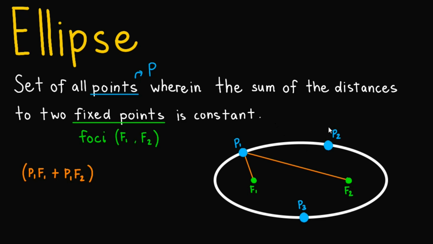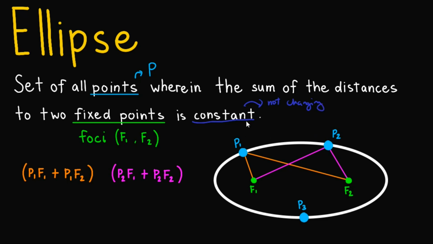Next, if we do the same for this second point, we take its distance to the first and the second focus and add them up. By definition, we know that the sum of these distances from the point to the foci is constant. When we say constant, it's not changing.